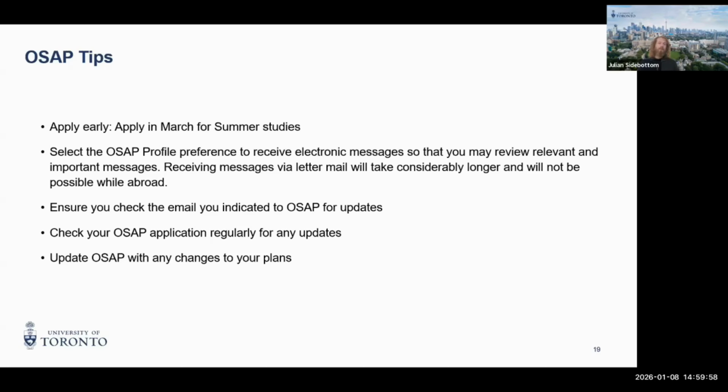Make sure that you check the email that you've put on your OSAP application. If there's a message that we send to you and it appears in your OSAP message center, you will get an email notification that there's a message there. So make sure it's an email account that you are monitoring.